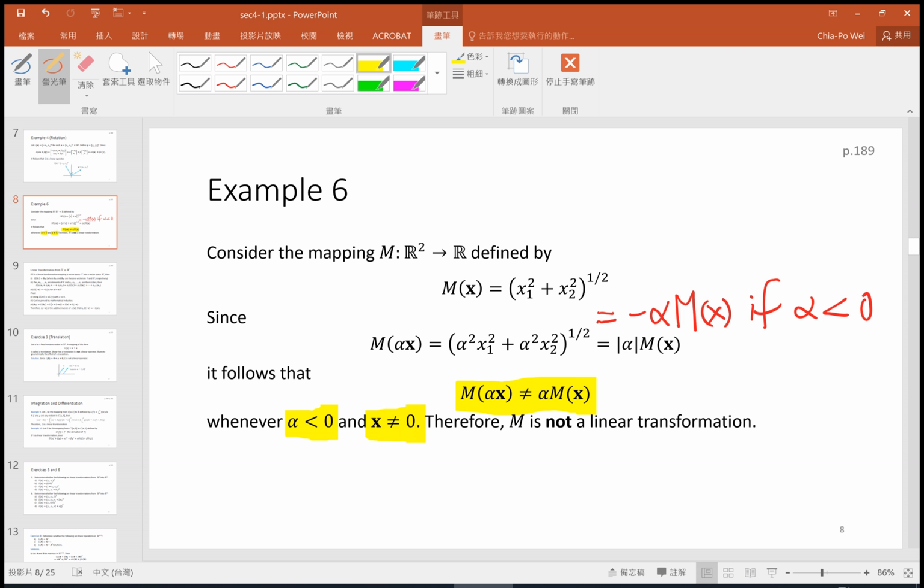We have found examples of alpha and x such that the homogeneity property is not satisfied, and therefore M is not a linear transformation.